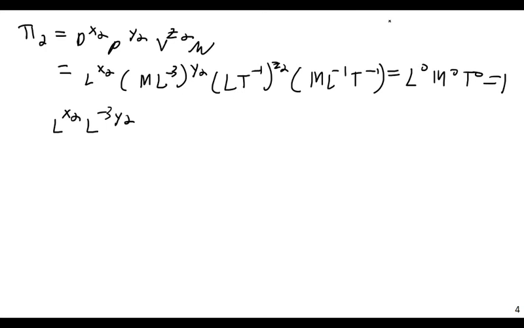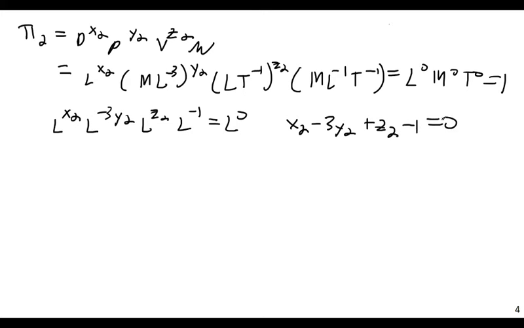It's just like if you had a, b, but multiple powers of a and b, you could write an equation and solve for the power just using linear algebra. So from this I get an equation that says x2 minus 3y2 plus z2 minus 1 is equal to 0. So that's one equation.